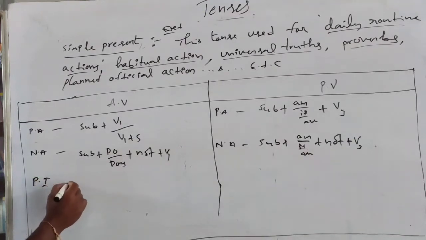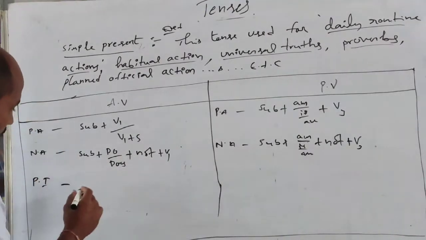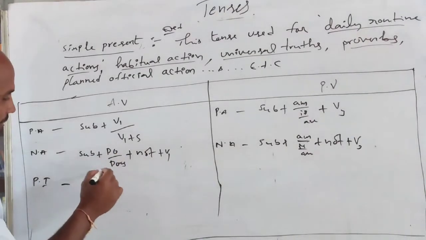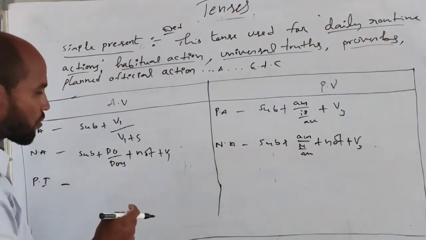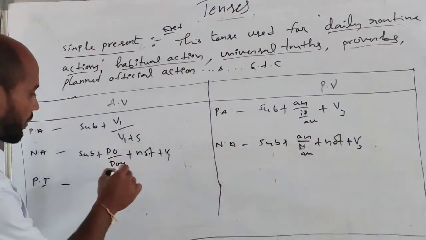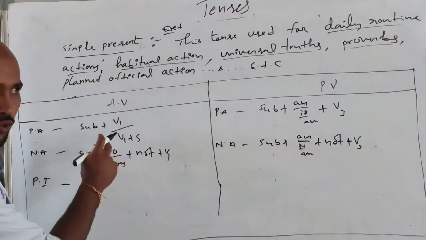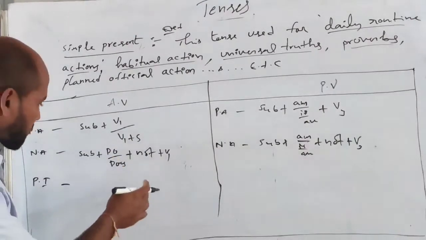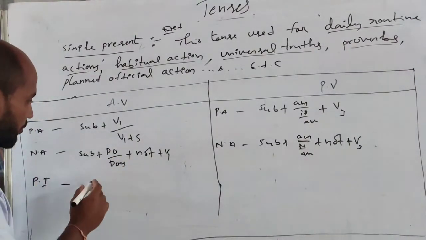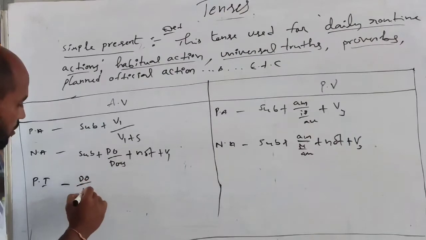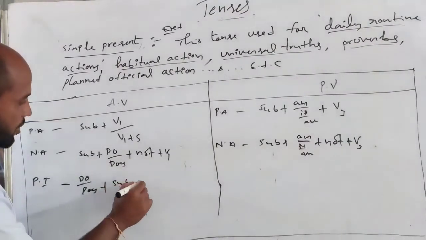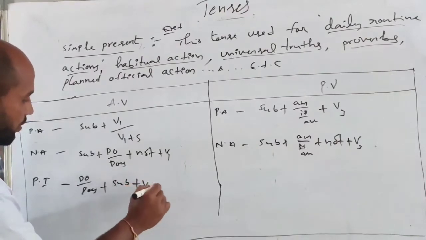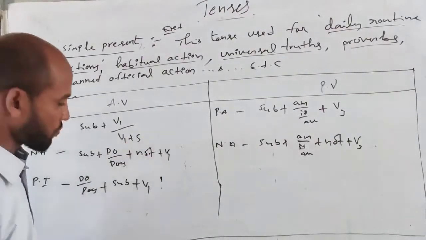In the positive interrogative, there is no helping verb in active voice. So we write do or does as the auxiliary helping verb. First we write do or does, then the subject plus V1. Lastly, a question mark.